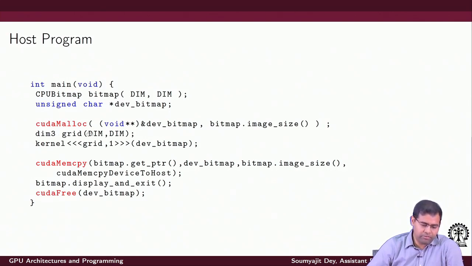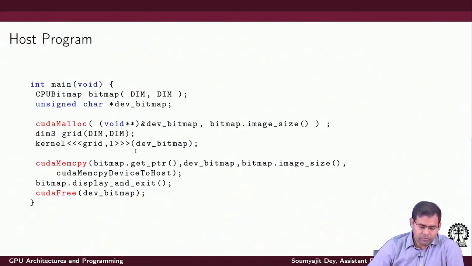Then I design a grid here of type dim3, and in this grid definition, as you can see, the kernel is called with this grid of blocks and the number of threads per block as 1. What is a block here? The grid just contains dimension by dimension number of blocks.